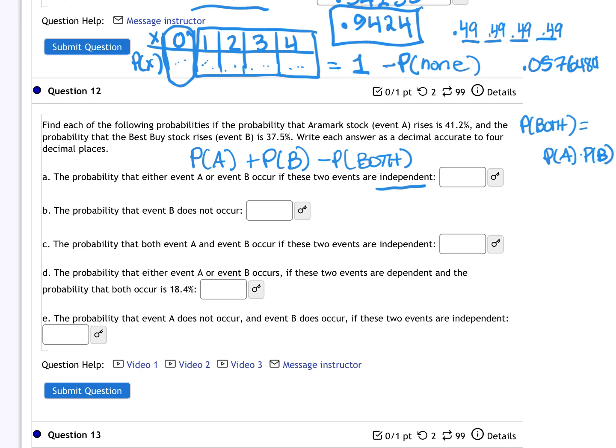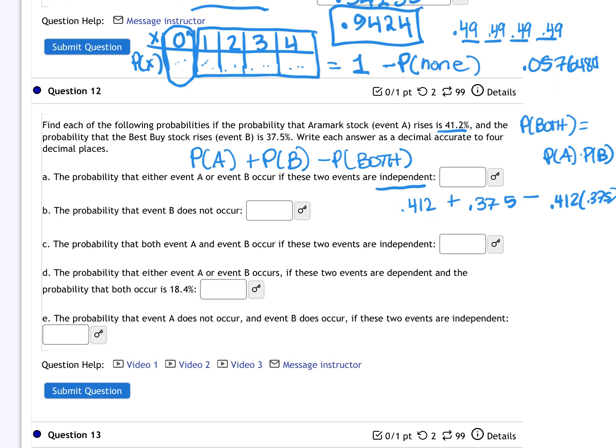So what I'm going to have here for this is 0.412, that's this stock, plus 0.375, that stock, minus the probability of them both happening, which is 0.412 times 0.375. Now I take out this both because I counted them. It's like the intersection.